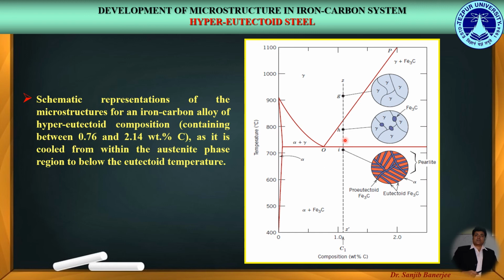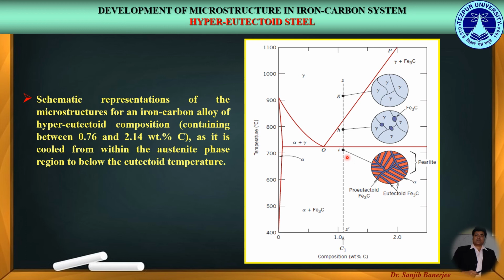While cooling down further, after crossing the eutectoid temperature, that is 727 degrees centigrade, we reach point I, where we enter into the phase of ferrite plus cementite. So over here we can see the final microstructure in this particular inset.